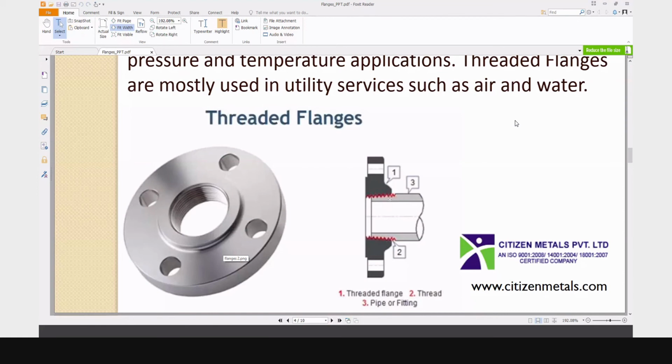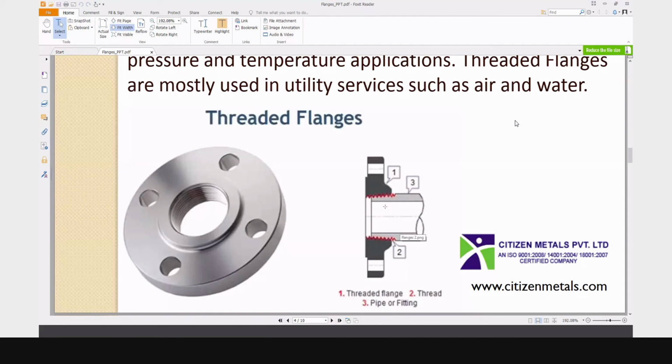The schematic diagram is showing here. This is the flange and the pipe is attached. The outside surface of the pipe is also threaded and is attached by the threading.